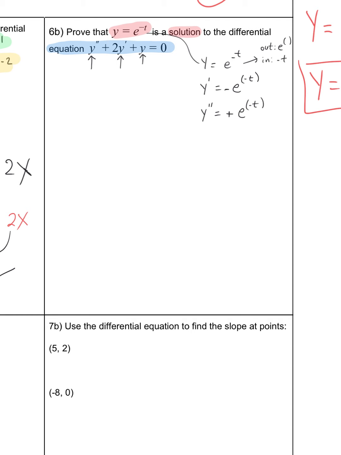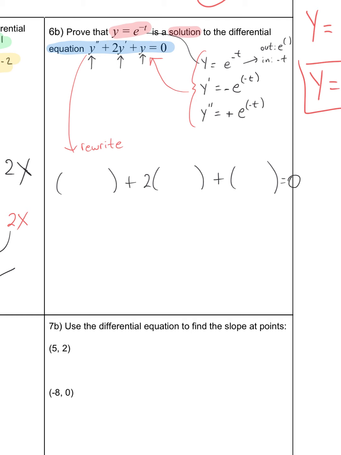Now we take these three things and we plug them in up here. So I'm going to rewrite this equation, and I'm going to use a blank set of parentheses. So y double prime plus 2 times y prime plus y is equal to 0. So I just took this equation and rewrote it with a blank set of parentheses. Y double prime, plus 2 y prime in a blank set of parentheses, plus y in a blank set of parentheses.